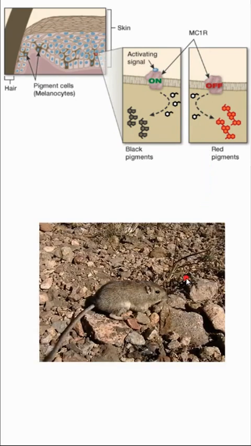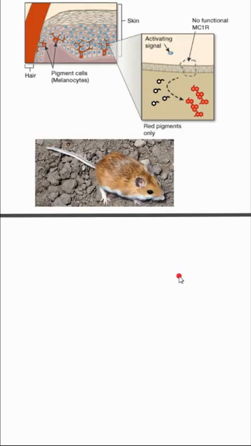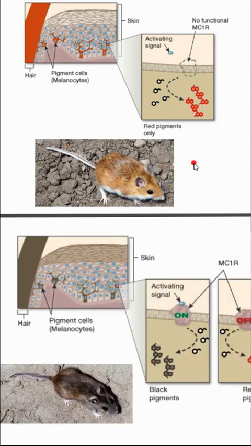So the example we're going to look at first here is pocket mice. So if we have a gene that creates a protein that's not functional because the gene's been mutated, it's going to make a very light colored mouse.